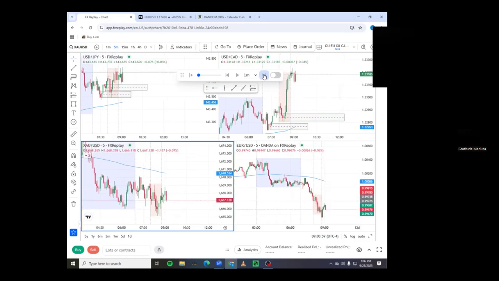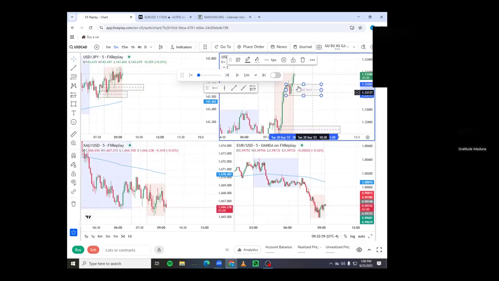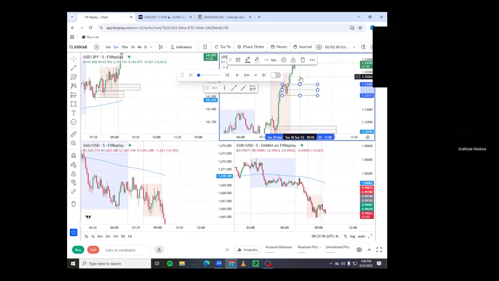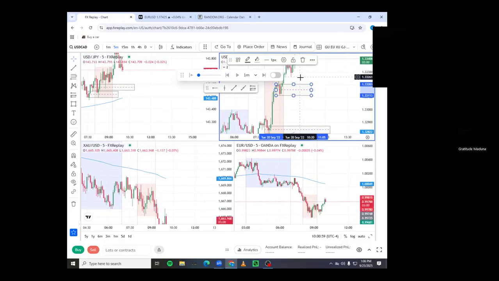Even if they're going to respect my zone, I'm looking for clean price action that I can hang on to. So we're just pushing out now.